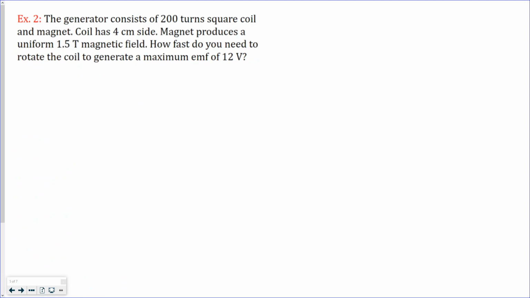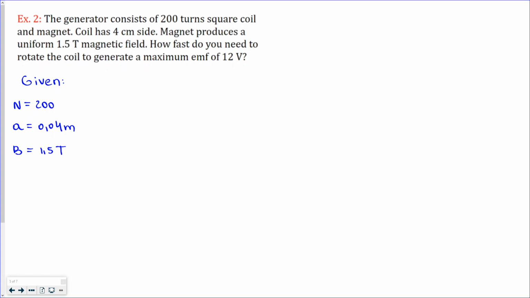Okay. So if you read the text, the number of turns is 200 and it is a square coil, so the side of the square coil is 0.04 meters and it is located and rotated in a uniform magnetic field of 1.5 Tesla.